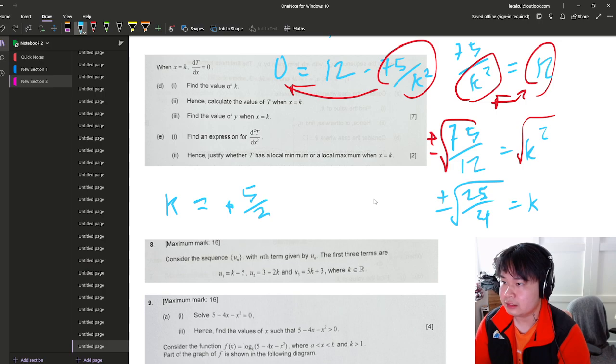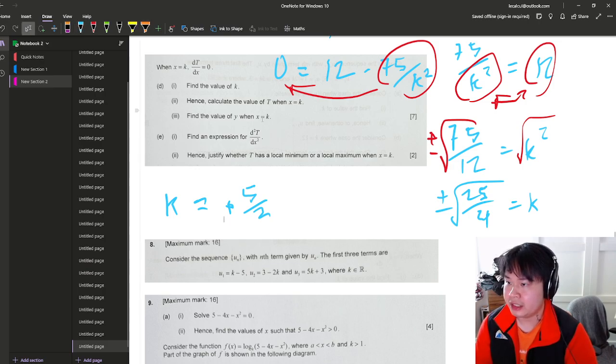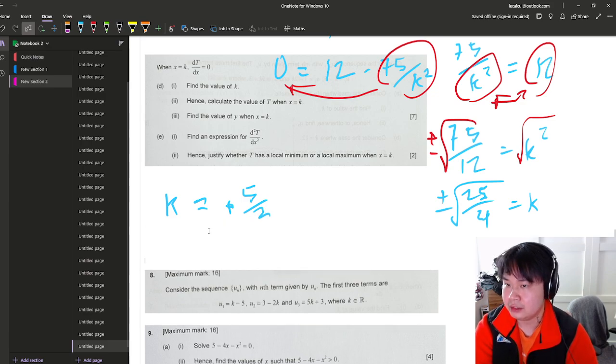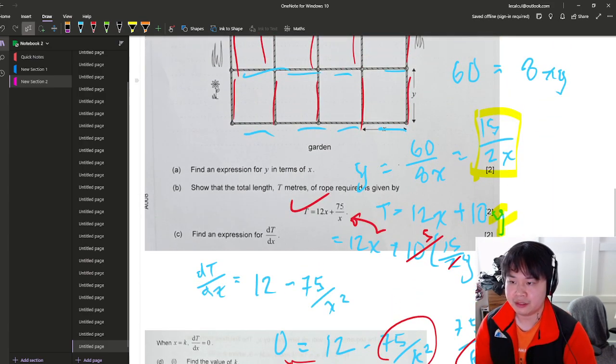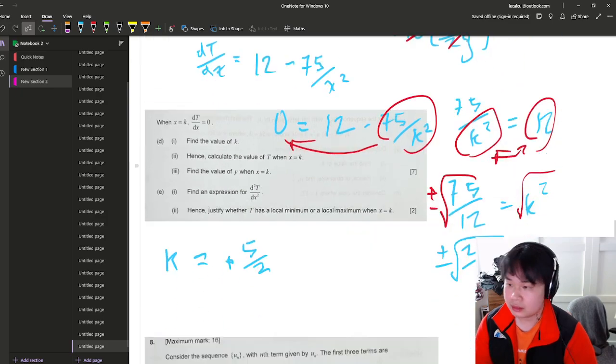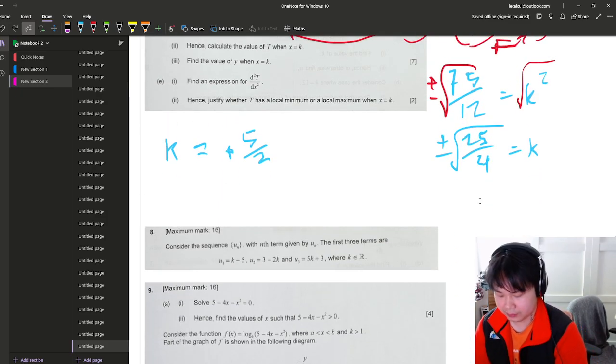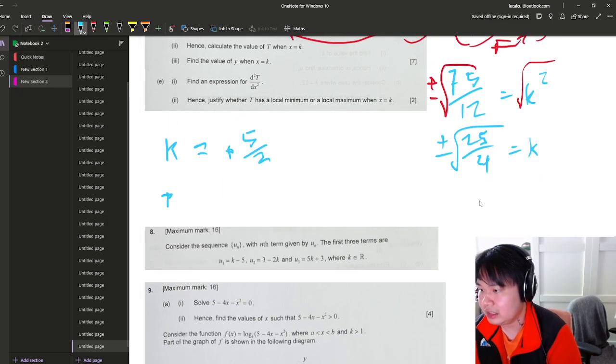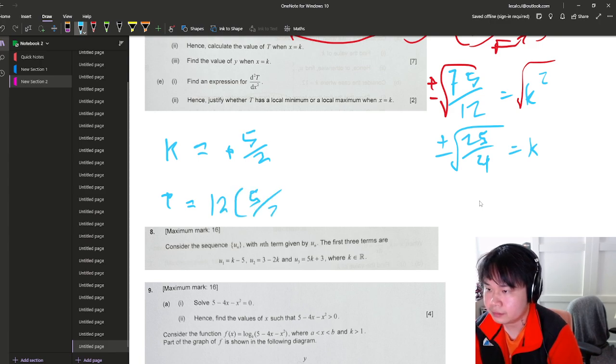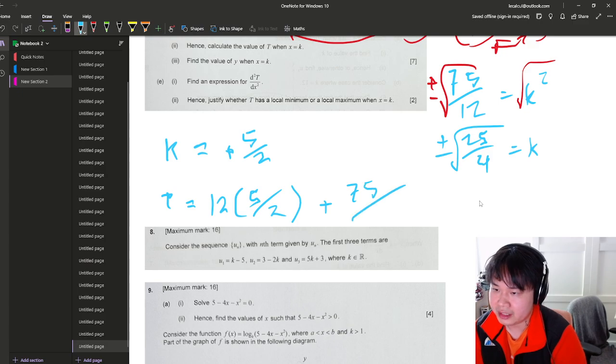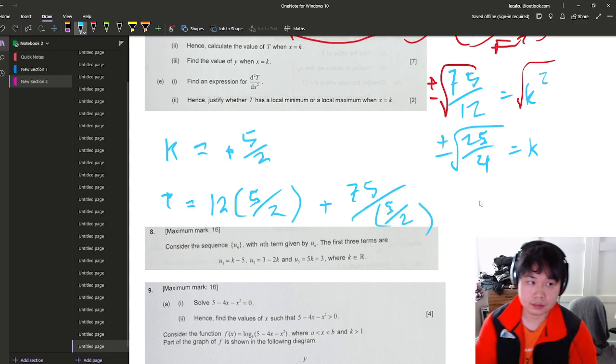Then find the value of... hence calculate the value of t when x is k. That's easy enough to do. We have our expression for t right here. So t is equal to 12k plus 75 over k. Right?